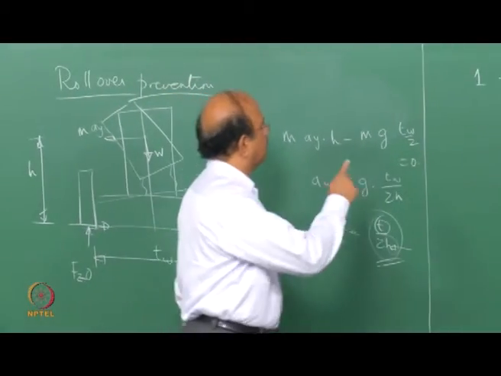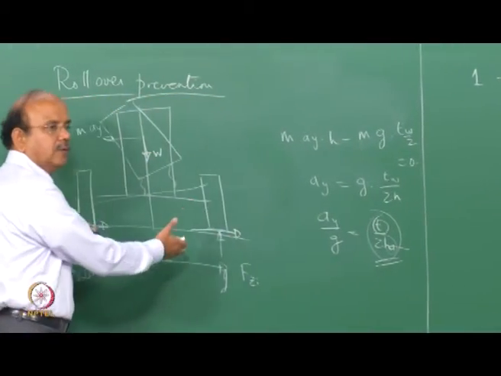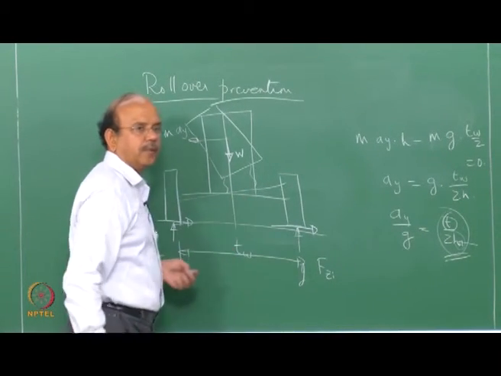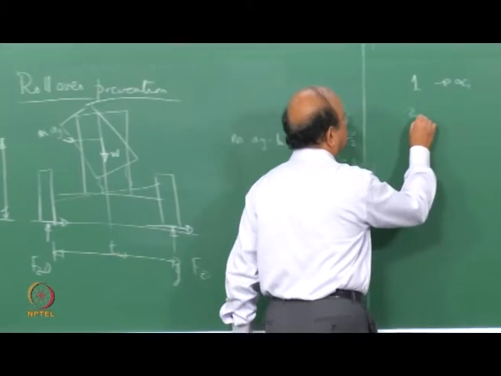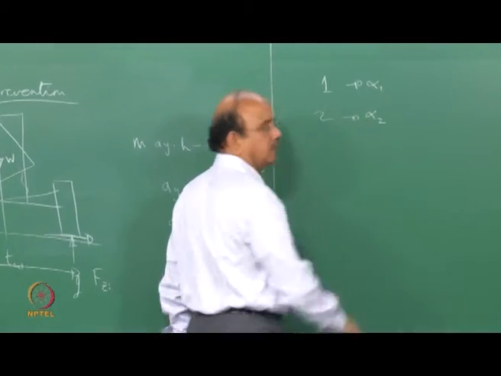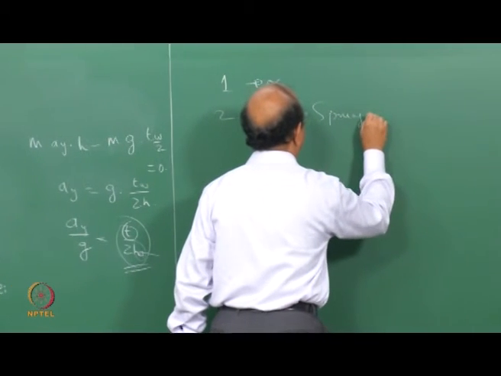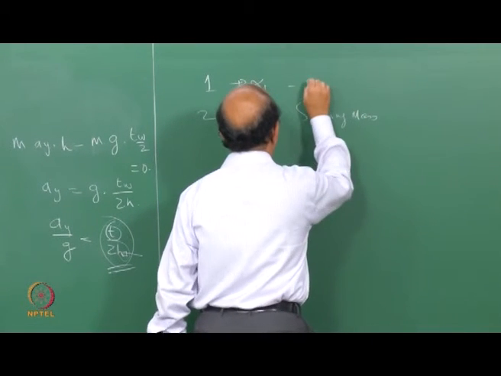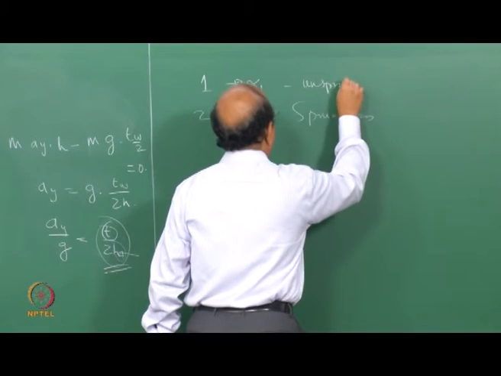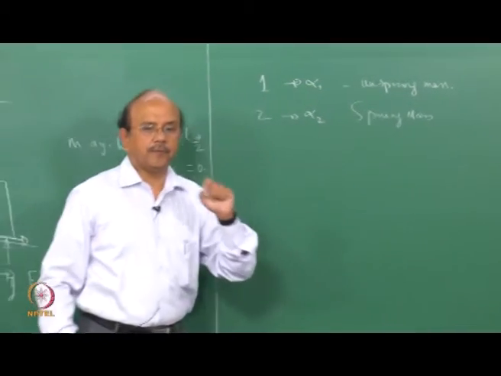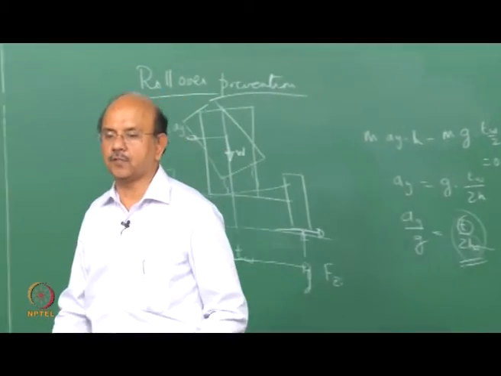One is alpha 1, the roll of the unsprung mass, and alpha 2, which is the roll due to the sprung mass. We'll do the detailed derivation in the next class and finish this topic.